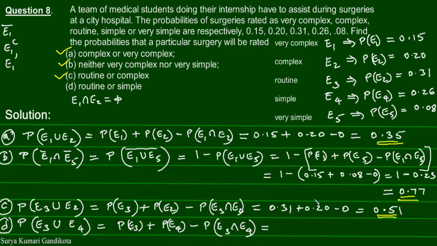So this is equal to P of E3, 0.31, plus P of E4, 0.26, and minus 0 for this quantity. So this is equal to 0.57 if you add. This is the last answer, 0.57. So we have finished even the last bit. Therefore these are the answers: 0.35, 0.77, 0.51 and 0.57. So that is the problem.